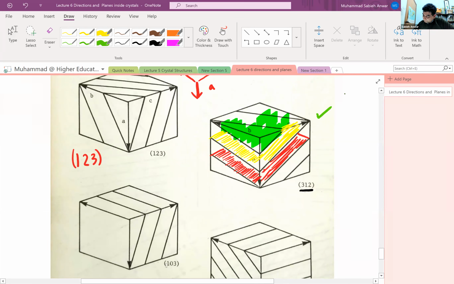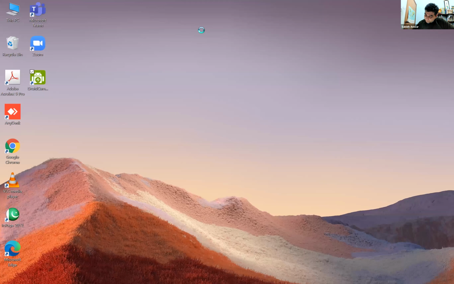One approach is the following, which is commonly used in most crystallography textbooks, and authors use this. My OneNote is slightly misbehaving at the moment. It just got stuck for some odd reason. I just want to restart my OneNote.